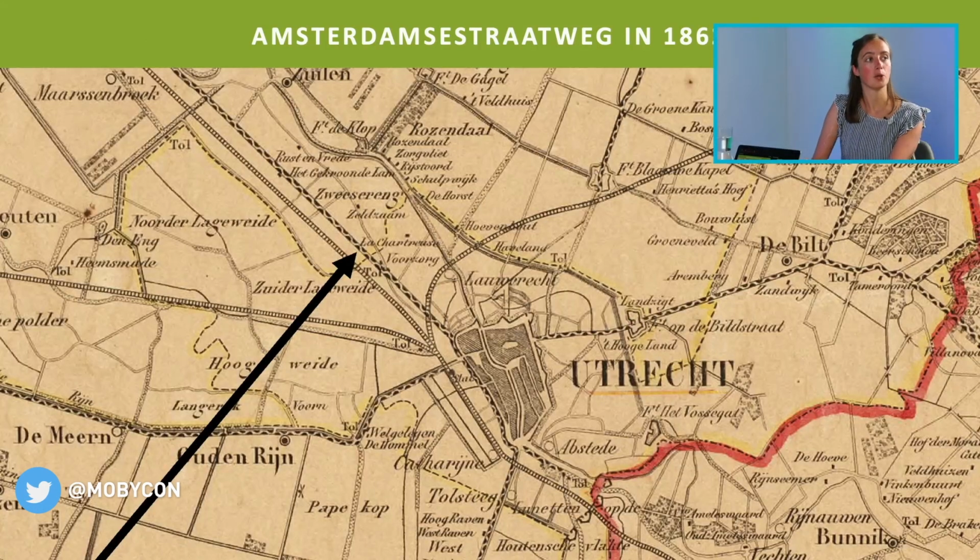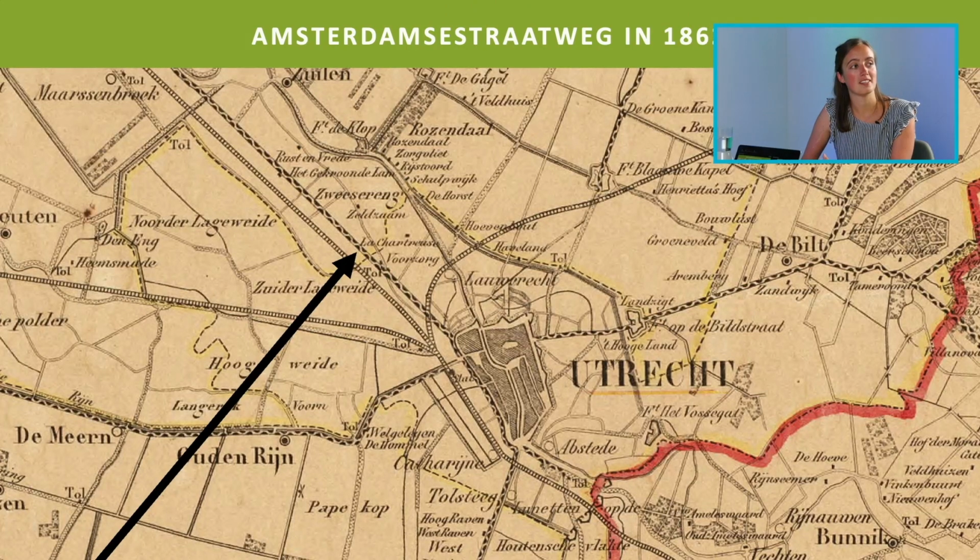So the ASW, we didn't choose it randomly. We chose it because it used to be one of the main roads in Utrecht, and it has transformed throughout time. The ASW was an assignment given by Napoleon Bonaparte, who wanted a straight and direct route from Utrecht to Amsterdam.